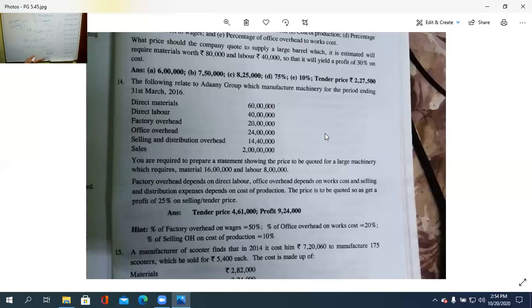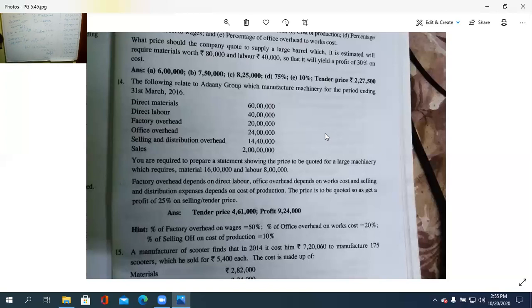Okay. Next step, which one? Factory cost over direct labor. Then office overhead over factory cost. Office overhead depends on the works cost. Then office overhead over works cost: that is 24 lakhs divided by factory cost, 1 crore 20 lakh, into 100.